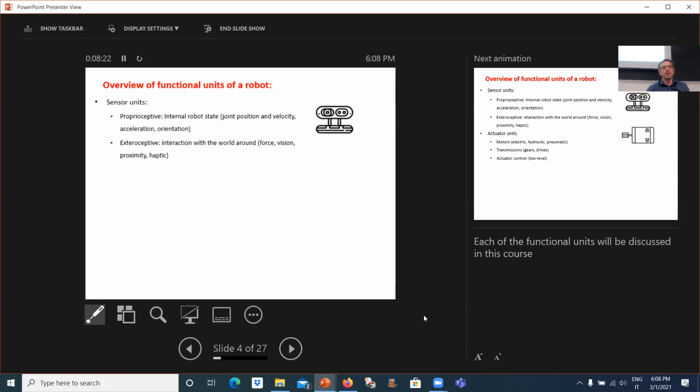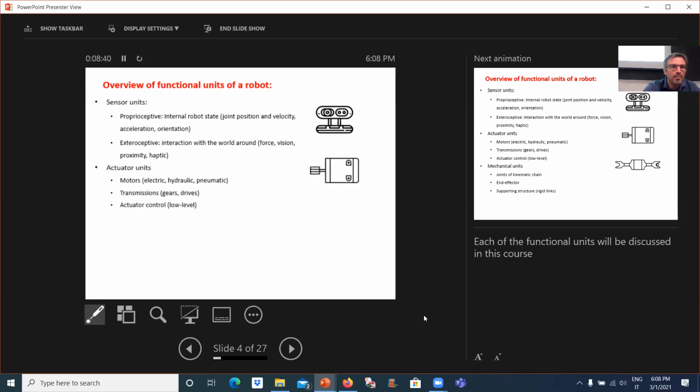For example, in an assembly line where the object moves, the object's presence needs to be detected whenever it's passing, and haptic devices.